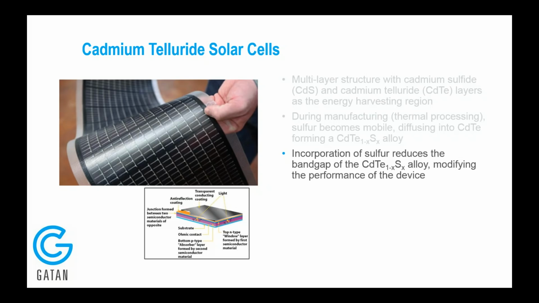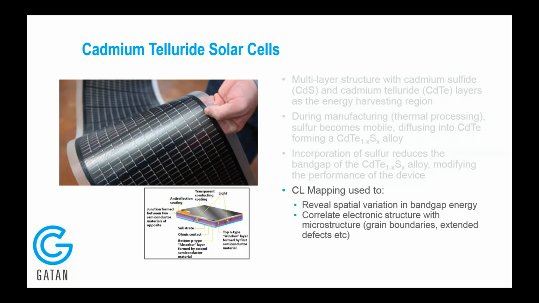So understanding where sulfur goes and how much of it goes is critical to developing more efficient solar cells. And so we can use CL mapping to reveal the spatial variation in the band gap energy. And furthermore, we can correlate that with the microstructure of the material. So reveal grain boundaries, extended defects, and those sorts of things.